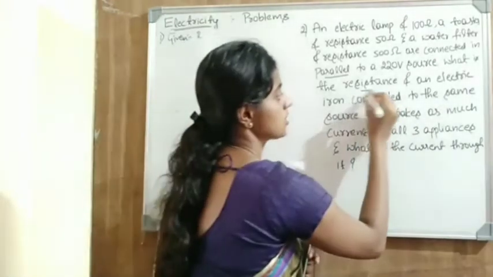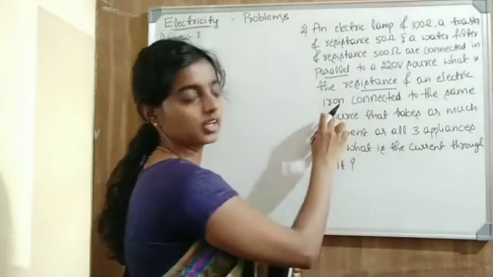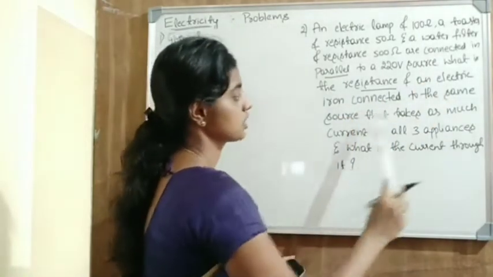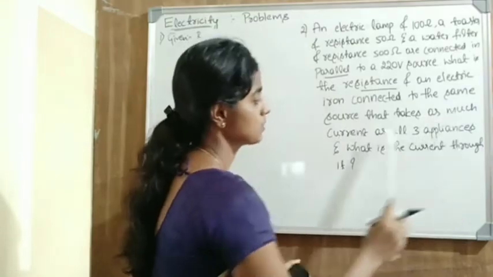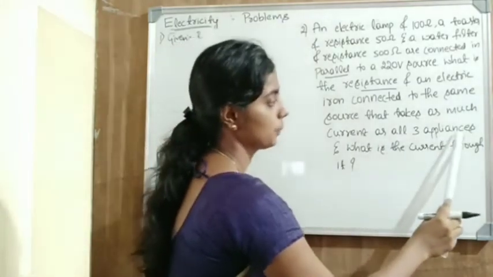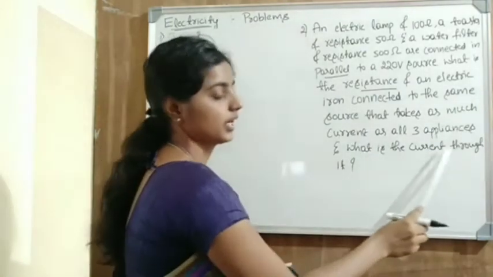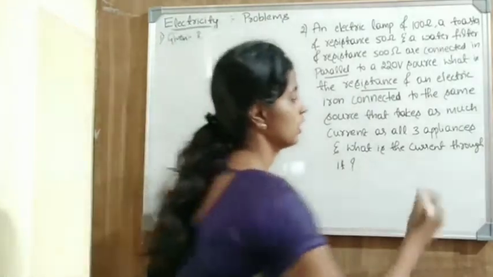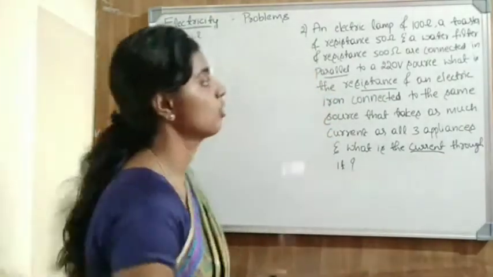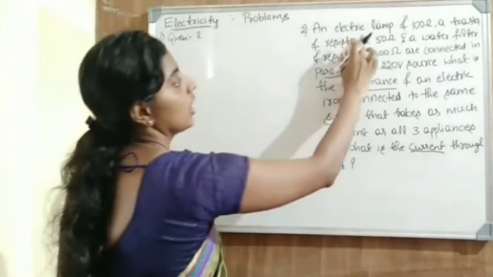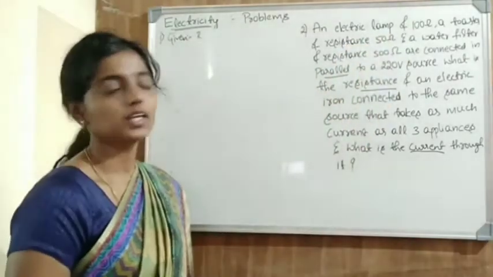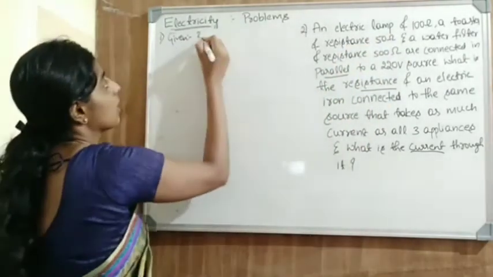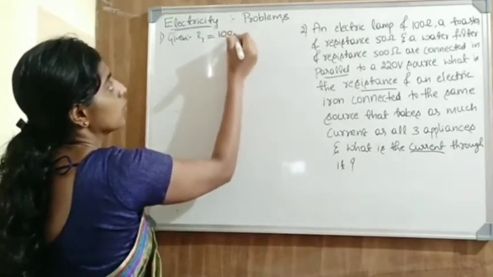We need to find out one resistance of an electric iron connected to the same source that takes as much current as all three appliances. And what is the current through it? We need to find out current also. So what are the given things? Electric lamp of 100 ohm. So this will be our R1, that is 100 ohm.